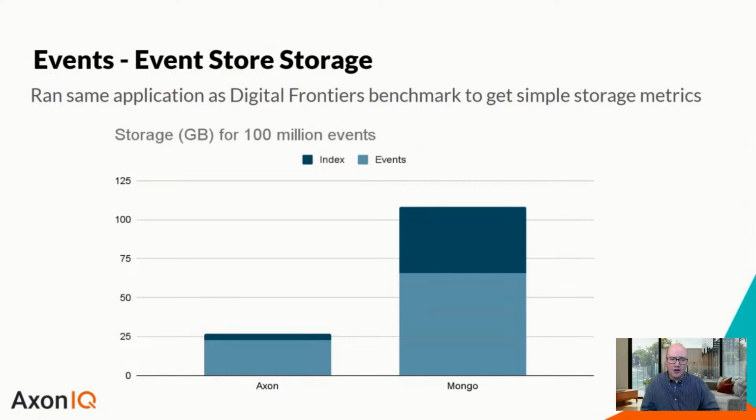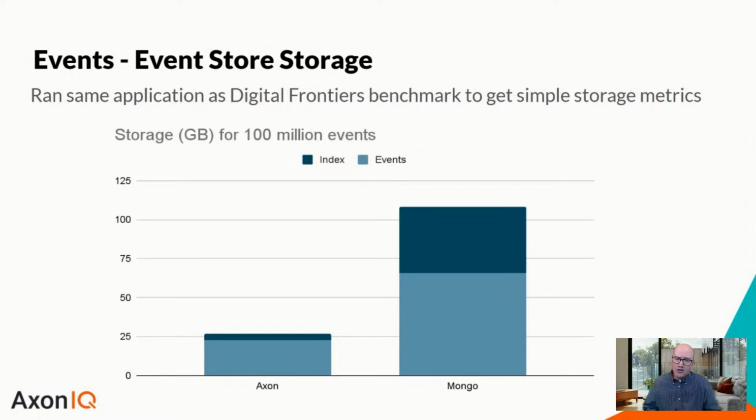It took us just slightly over 100 gig to store those 100 million events, and these are pretty simple events. I was following the gift card concept, which is what the code that Digital Frontiers used to produce their data did, and it just basically issued a gift card.